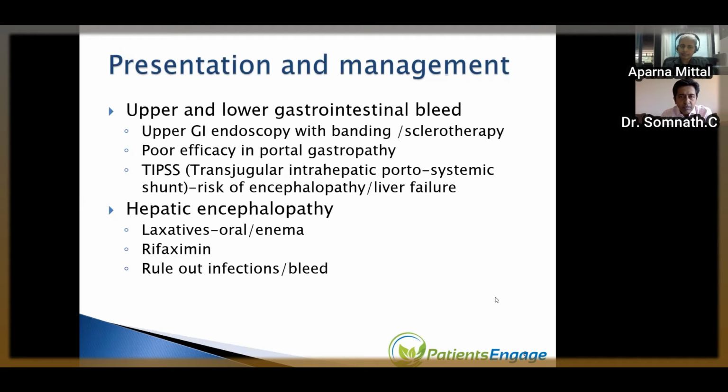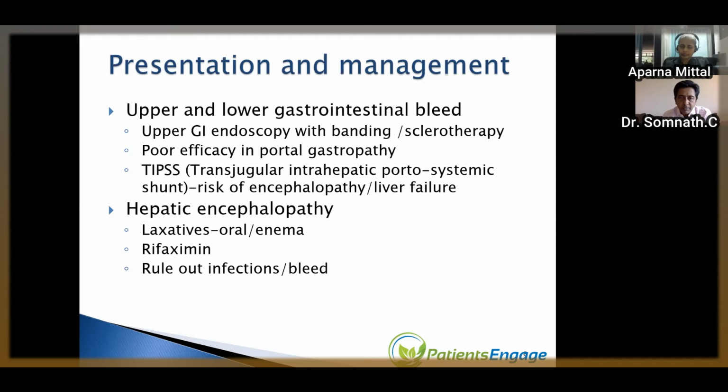Sometimes the veins in your stomach also get engorged or swollen up, and in that case, it's very difficult to control with endoscopy. These patients usually need something more than an endoscopy. There's also a procedure known as TIPS, which basically bypasses the liver and tries to reduce the portal pressure.